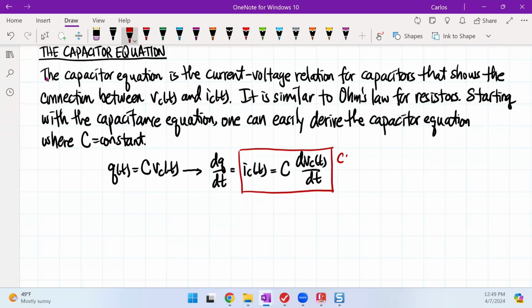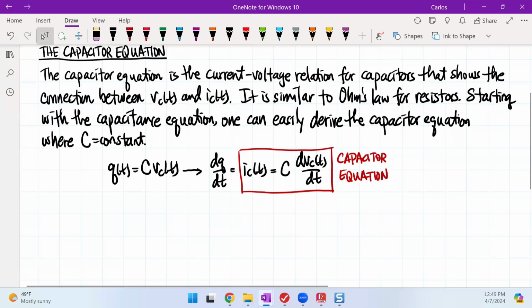This is the capacitor equation. Now note that this is Carlos's language, just to be clear.